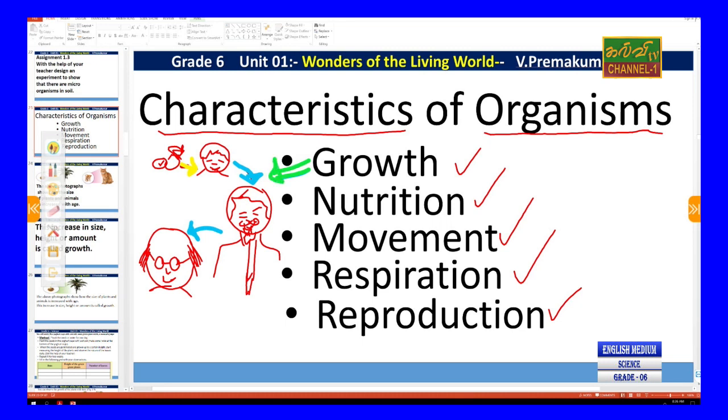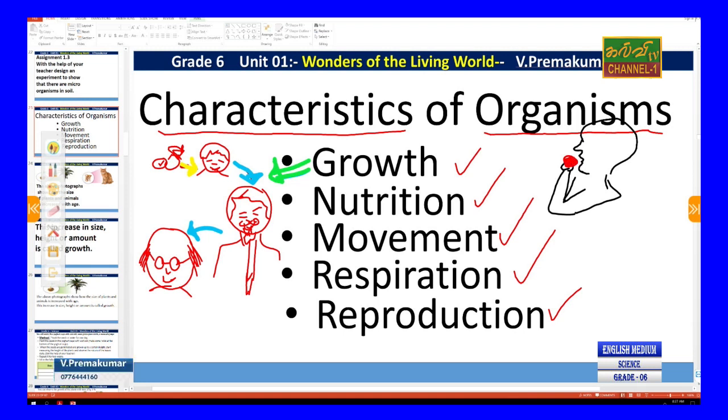Then nutrition, right? Without food, we can't live. We depend on food, right? For example, this person has to eat food, say ice cream, banana, rice, or kadala.